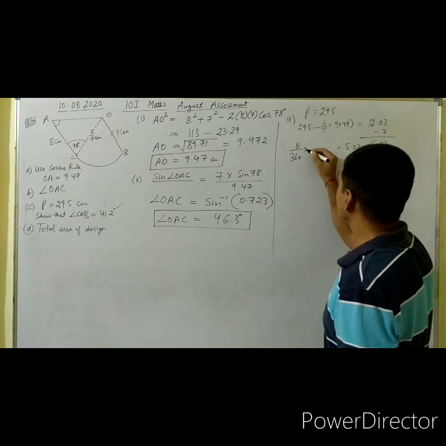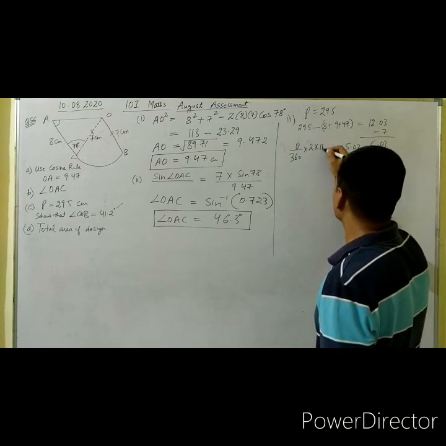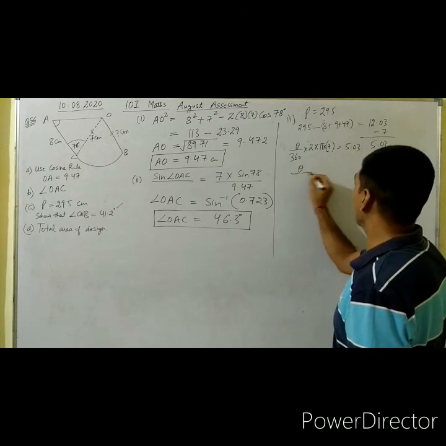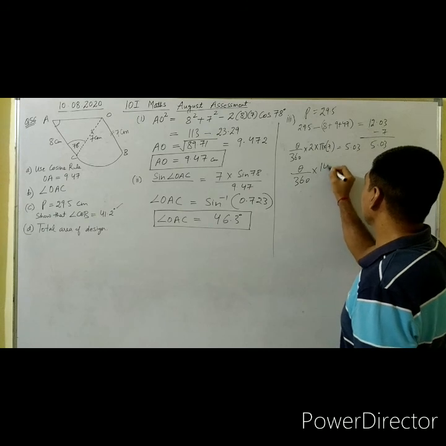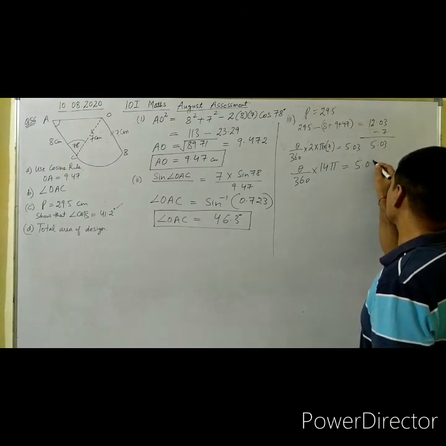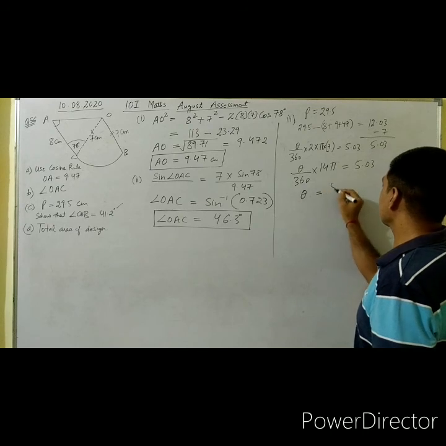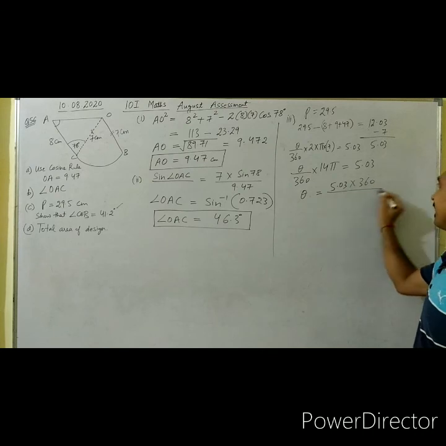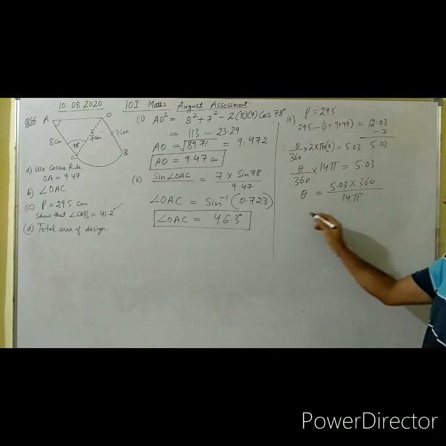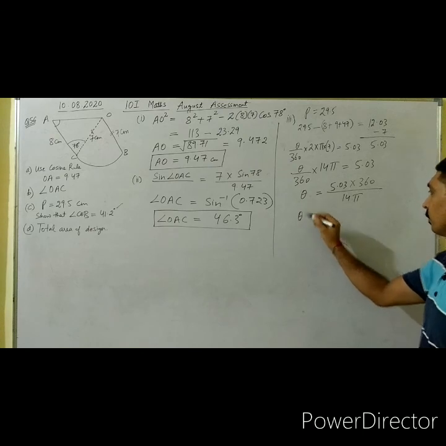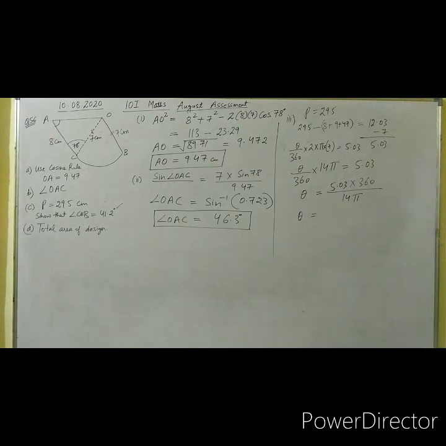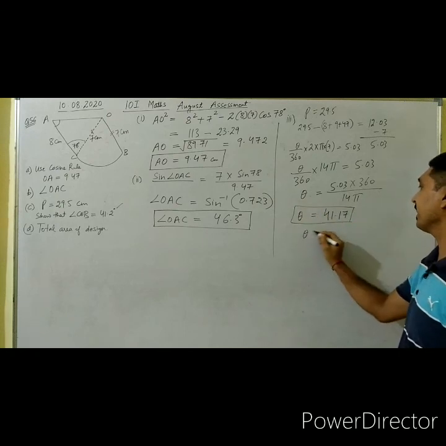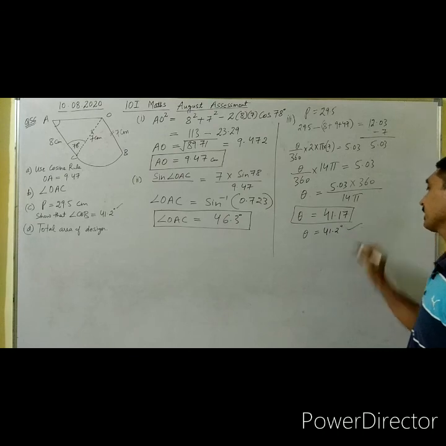Write down theta upon 360 into 2 pi r, r is 7 here. So theta upon 360 into 14 pi, that is 5.03. So theta is 5.03 into 360 divided by 14 pi. And you can check by substituting the value. It will be found that the value of theta is near 41.17. So we can write that theta is equal to 41.2 degree, right?